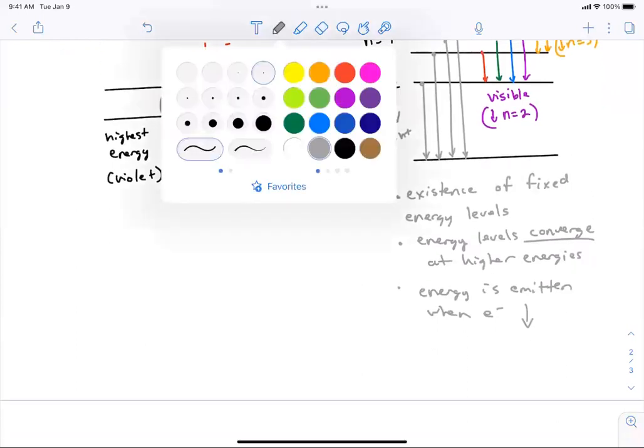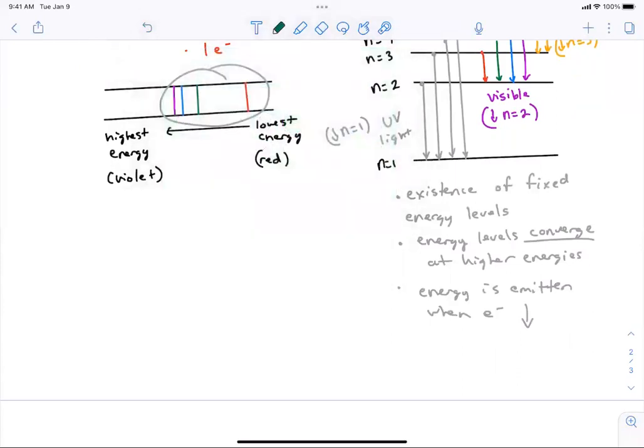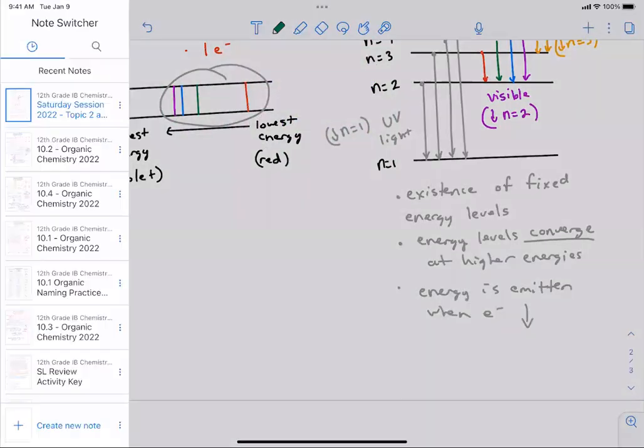Now, one last thing here, and I kind of mentioned it a little bit earlier, but I'm going to isolate it here, is understanding the relationship between energy, frequency, and wavelength. Good news, SL doesn't have to calculate that. It's more of just a general understanding between these two ideas.